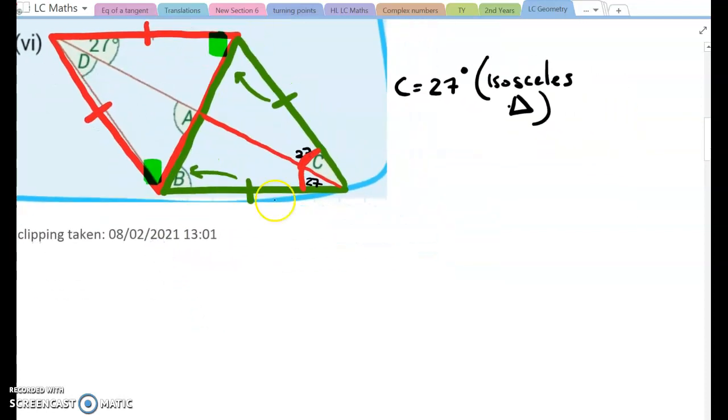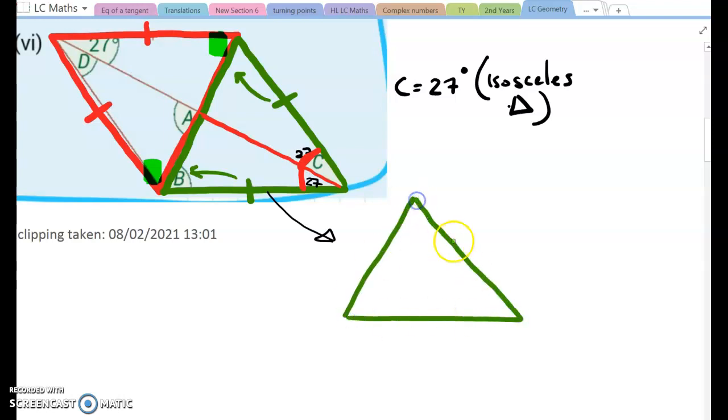So if we just took that green triangle out there for a second, just separate it off from the rest. This is what it looks like. And B is here. This isn't given, it's not asked or anything. We don't know it yet. And we're told that half of this is 27. This is a line going through the middle of it, so all of it would be 54.